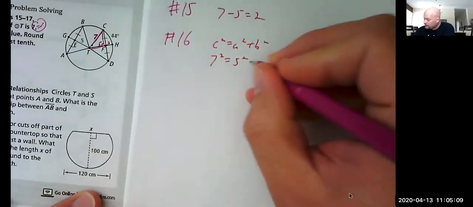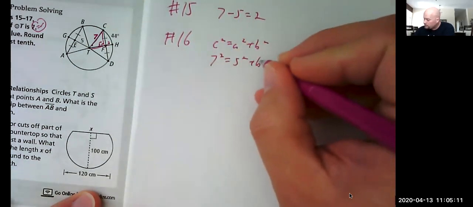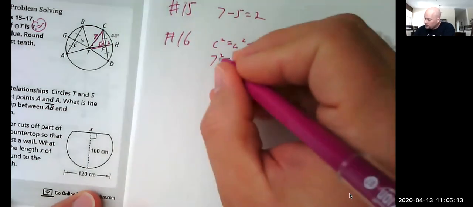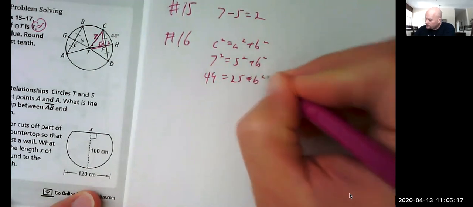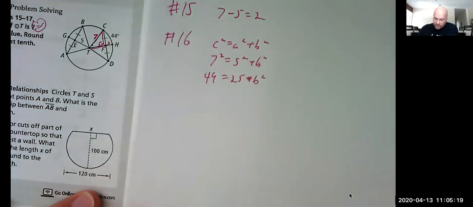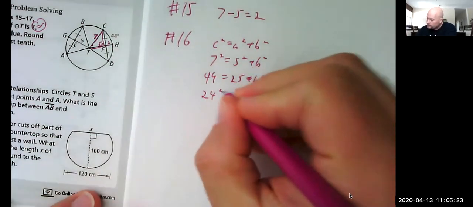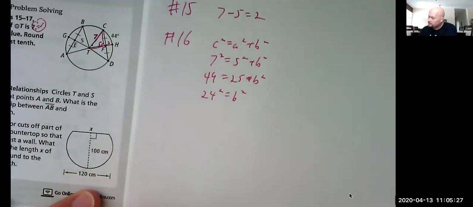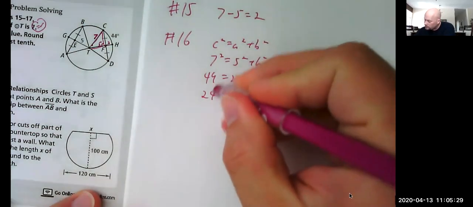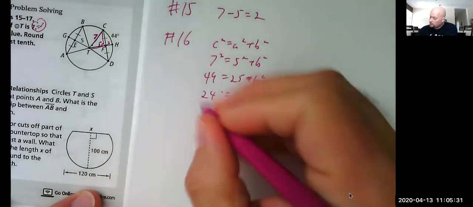We can use 5 there, and then we don't know what B squared is yet. 7 squared is 49. 5 squared is 25. Subtract off the 25. So we had 49 minus 25. That's 24 equals B squared. Square root both sides.